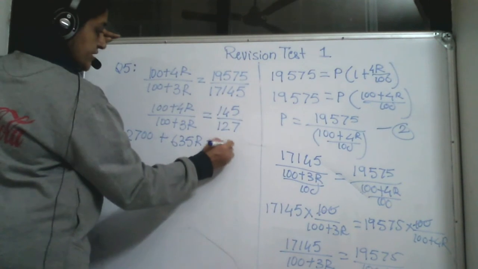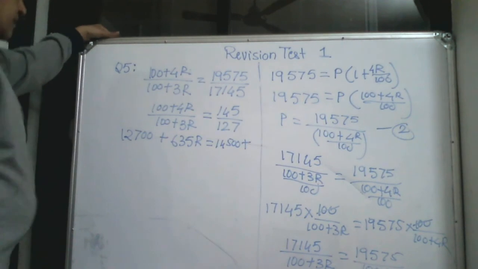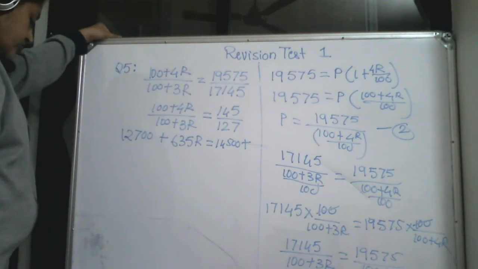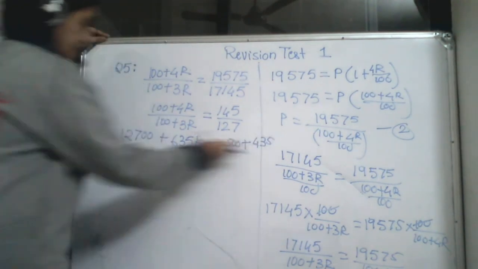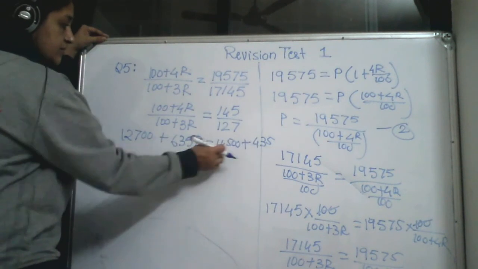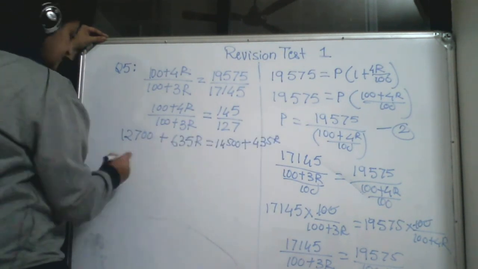So 14500 plus, when you multiply 145 with 3, you get 435r. Transpose everything: bring r over here and the number to the other side.